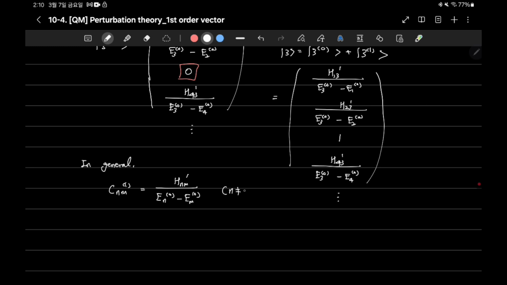Here N is not equal to M, and also C and N first order equal to 0, and we should remind this one.